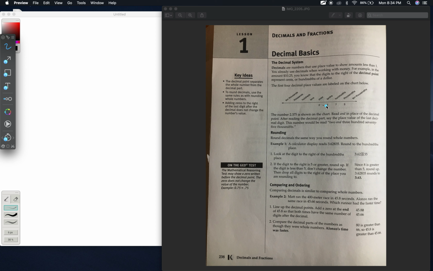It starts with tenths, and you'll notice the endings are THS: tenths, hundredths, thousandths. These add THS, and the ones to the left only add S to the end of the worded number.